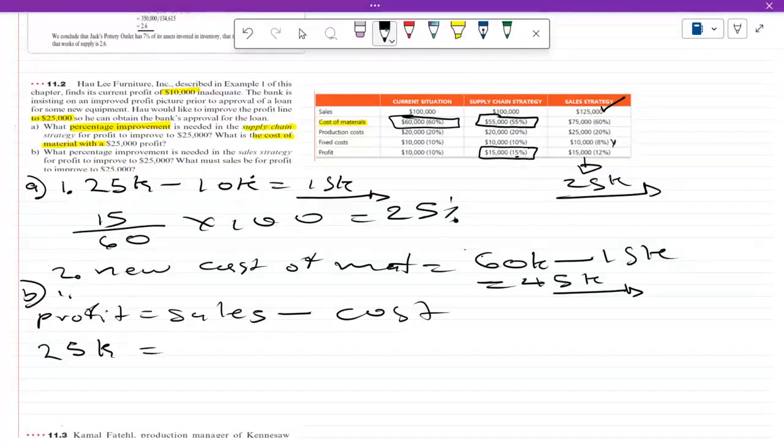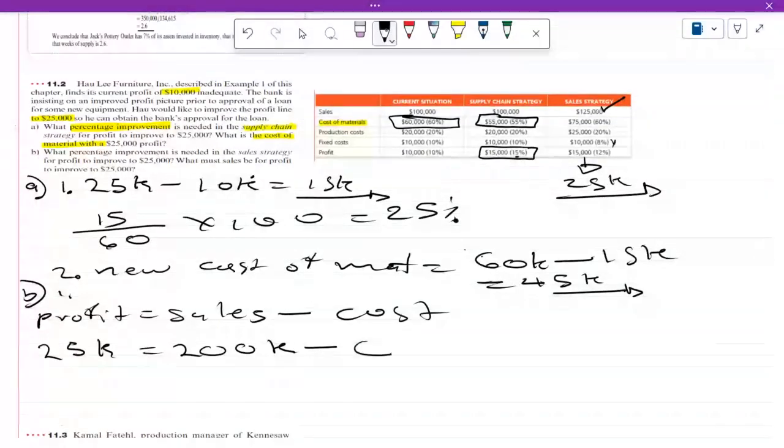So sales equals, this is trial and error, 200,000. I'm doubling it up, right? 200K minus, this is a very interesting formula, 200K multiplied by 0.6.